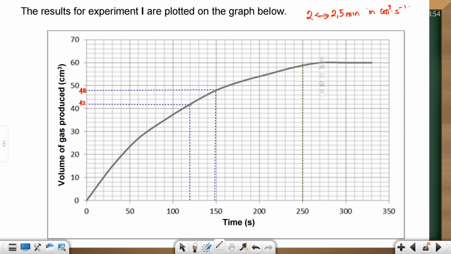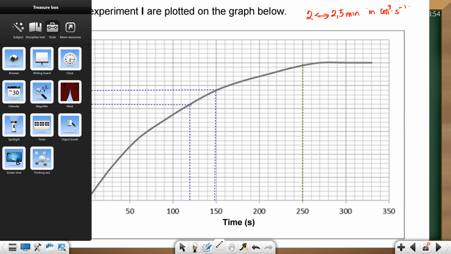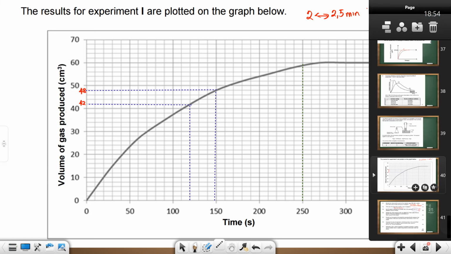Will it be greater than, smaller than, or equal to? My answer is smaller than. Why? Guys, as we progress, and I have a note here, do you notice we are using our particles already?